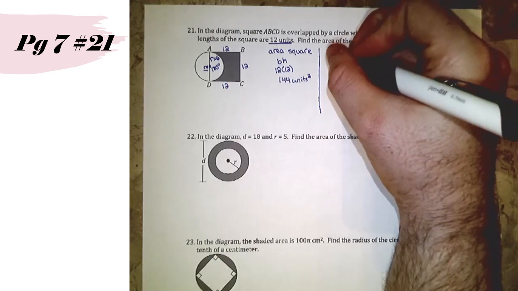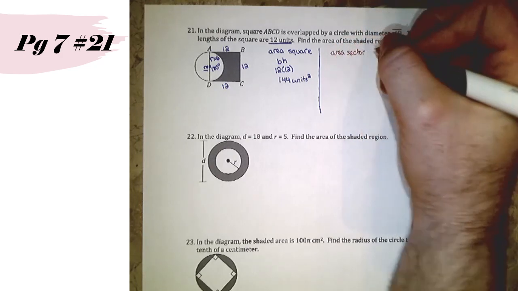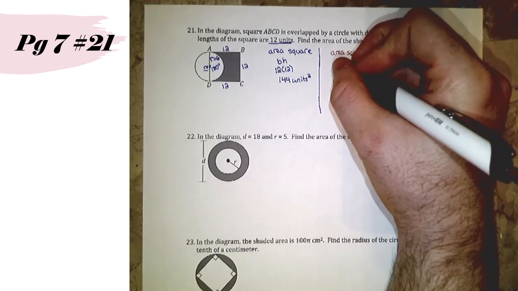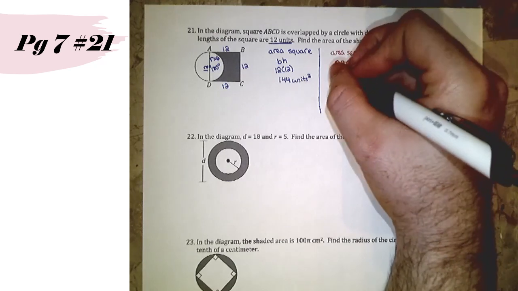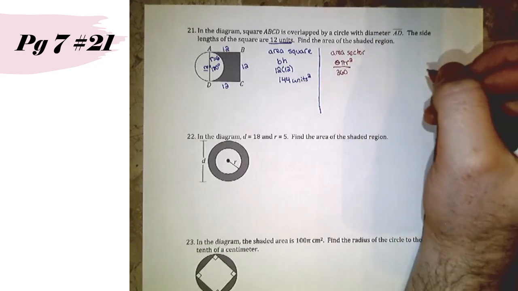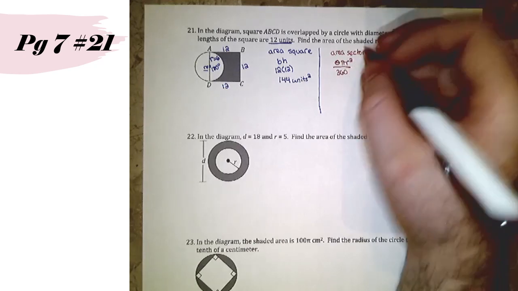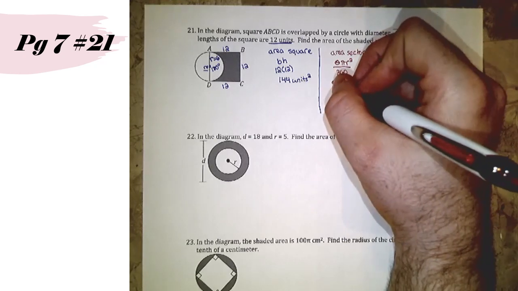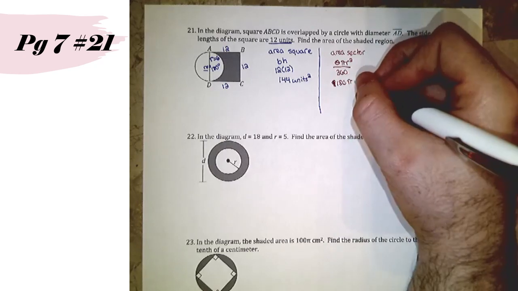Next, we want to find the area of the sector. A sector is a part of a circle. So the equation for that is the angle times pi r squared all over 360. So instead of the degree, I would now have 180. So 180 times pi.